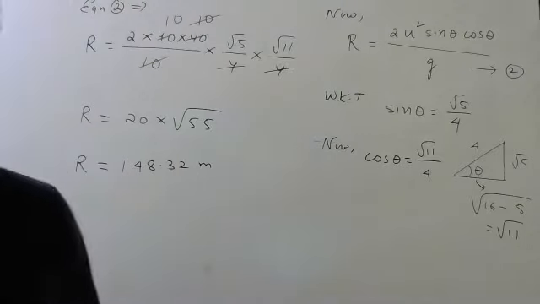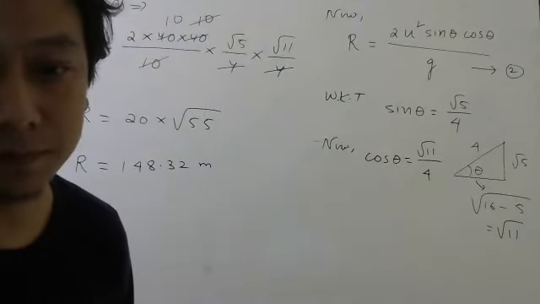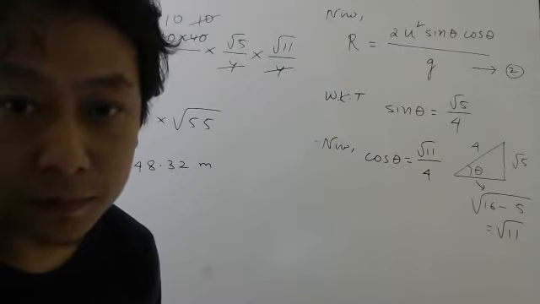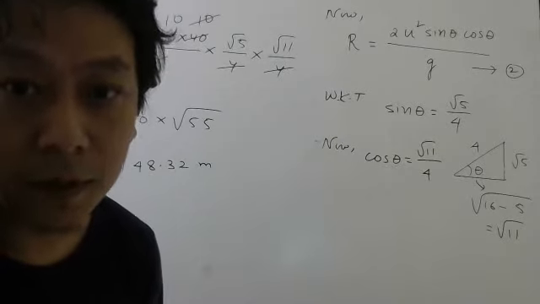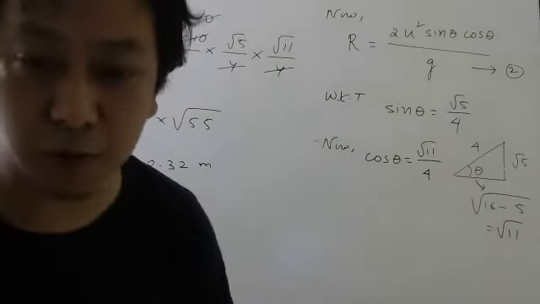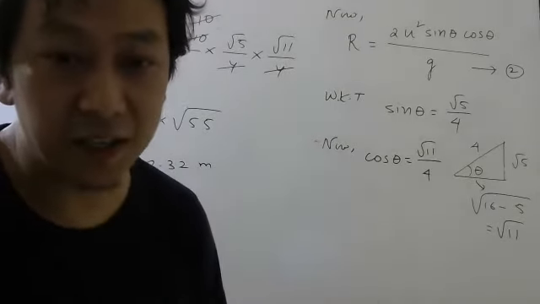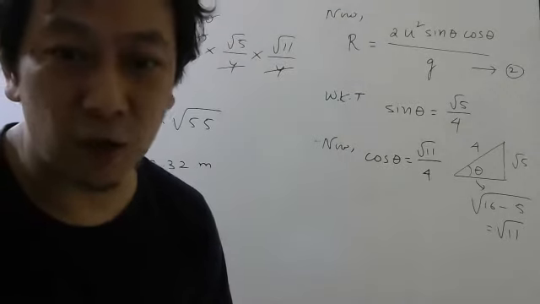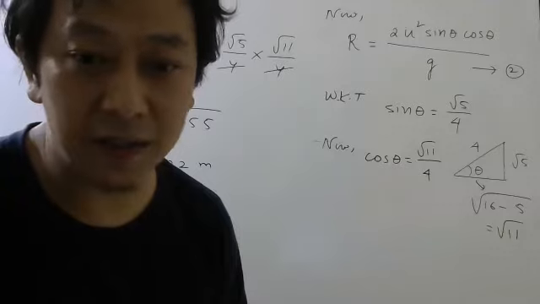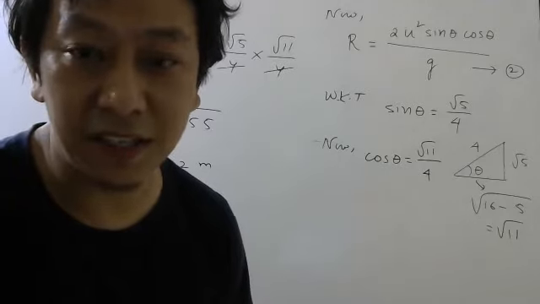Done? Okay. Yeah, in entrance exam, they usually tell you to take the value of g. But again, as long as you see the options are not very close, my advice is always to take g as 10.